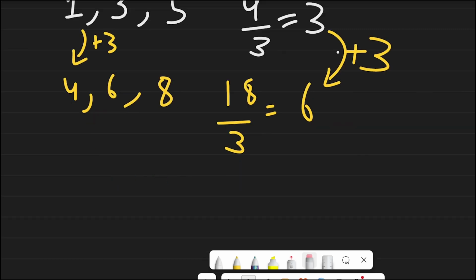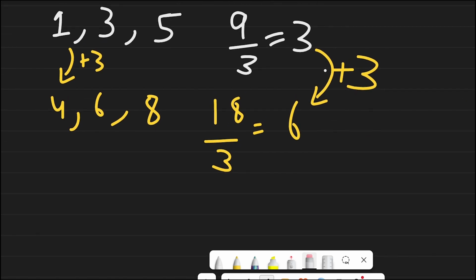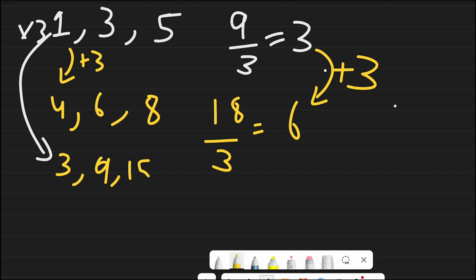Similarly, if we look at another example, let me this time multiply these values by 3. Just take 3 again, and now we will have 3 times 3 is 9, 5 times 3 is 15.